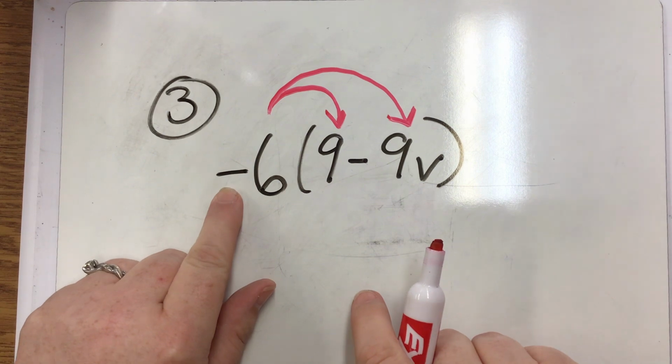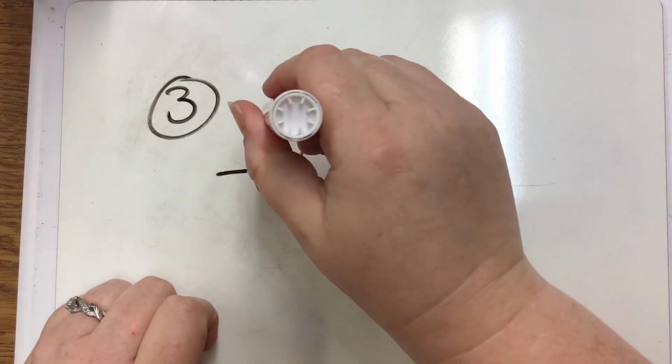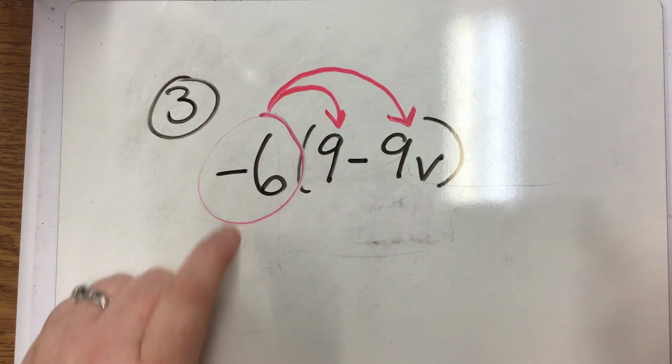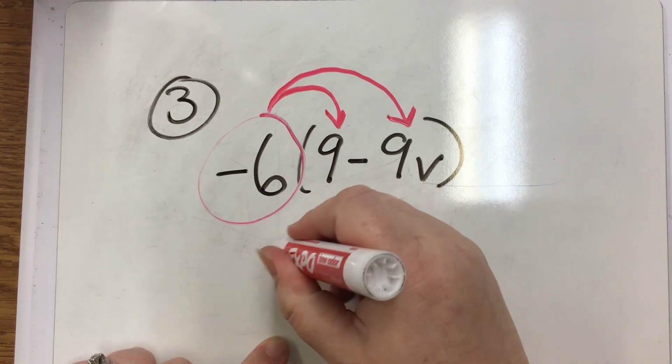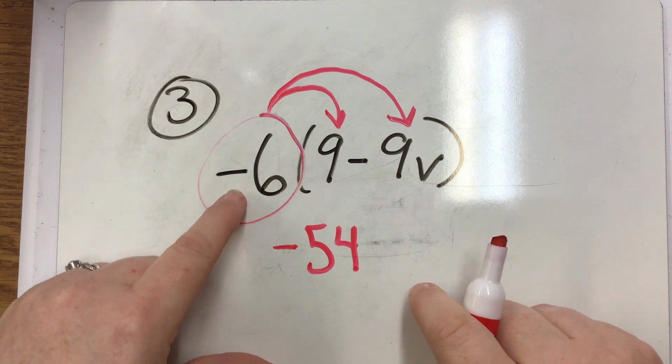Now remember, this negative sign is attached to this 6. They're buddies. They go together. Okay. All right, so negative 6 times 9, negative 54.